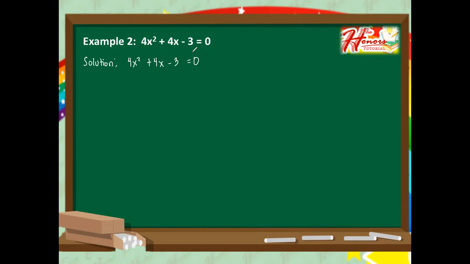Let's transpose first negative 3 to the right side of the equation. So we have here 4x squared plus 4x equals negative 3 will be transposed here. Then it will become positive 3.